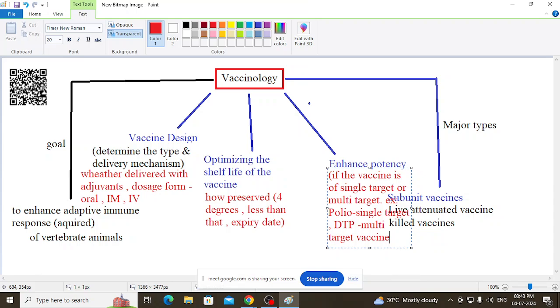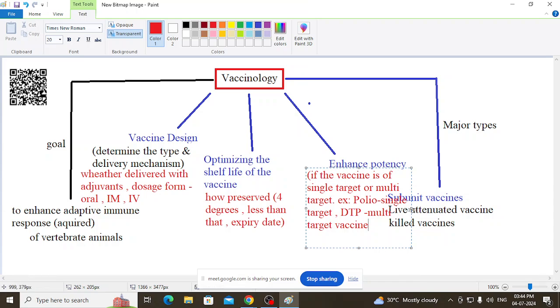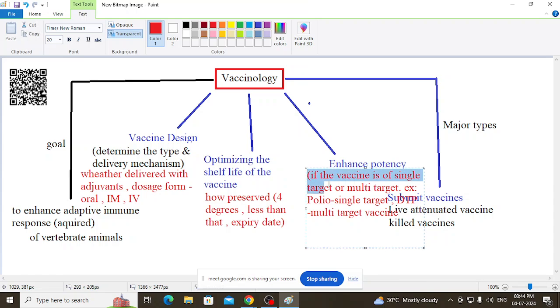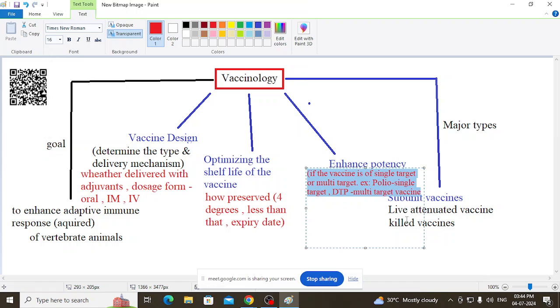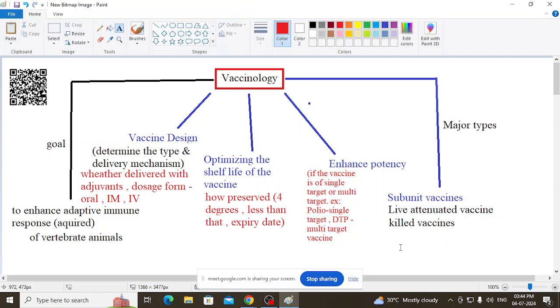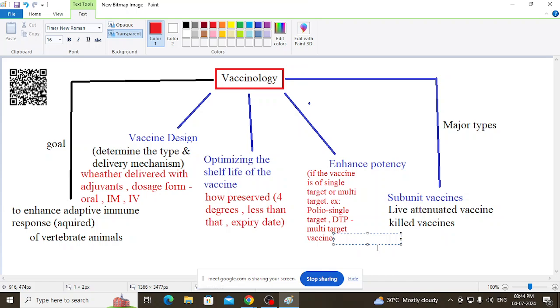So these are important considerations that you should have. We'll reduce the size so that it is accommodated here. These are very important considerations.